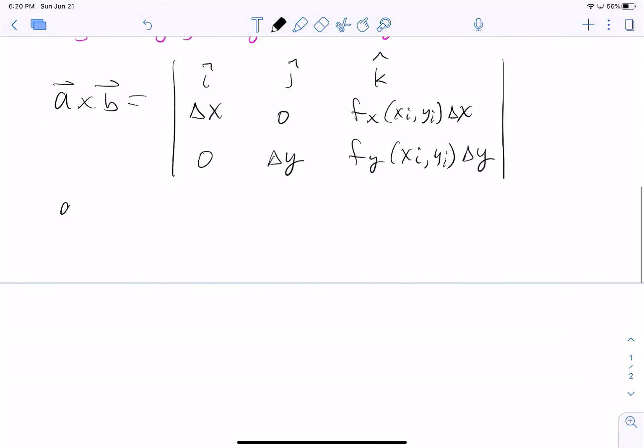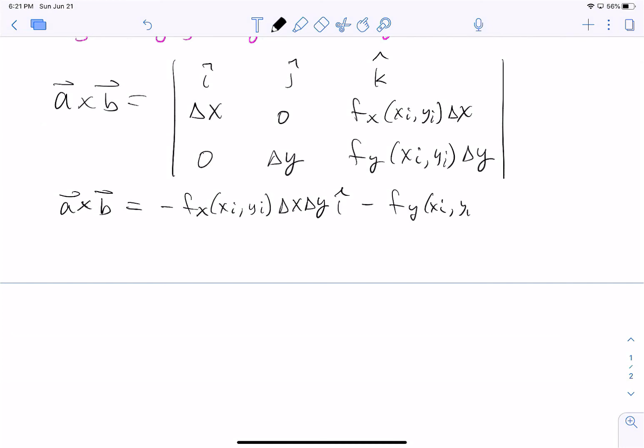The cross product gives us that A cross B is equal to negative f_x at (x_i, y_i) times delta x delta y i, minus f_y at (x_i, y_i) times delta x delta y j, plus delta x delta y k.